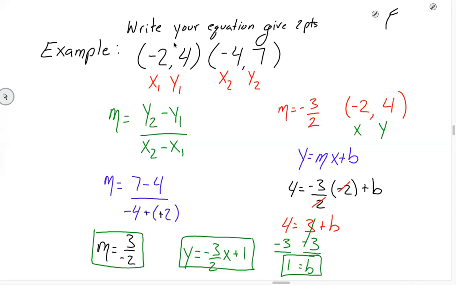All right, so on your test, this is what you're going to have. You're going to have ones where I give you m and b. They're really easy. You just have to plug them in. You're going to have a couple graphs where you have to count your slope and identify your y-intercept. Then you're going to have ones where I give you a point, and one of which is your y-intercept, so you have to calculate your slope.